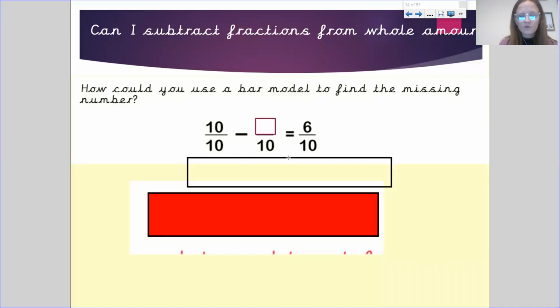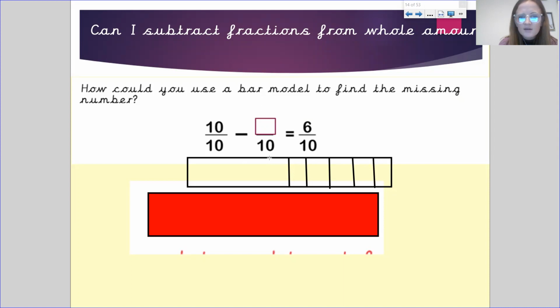Okay, so you can draw it with me. Make sure you've got a ruler and you are making straight lines. 1, 2, 3, 4, 5.